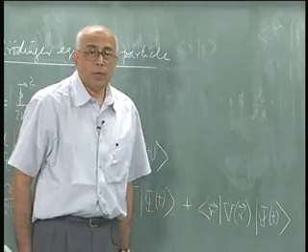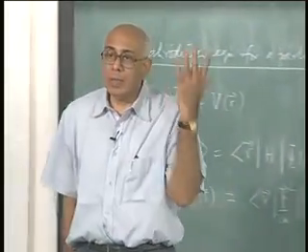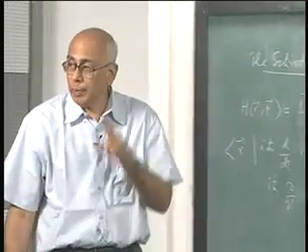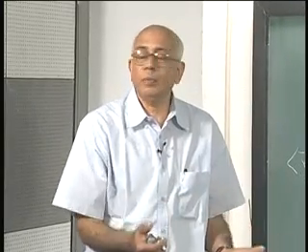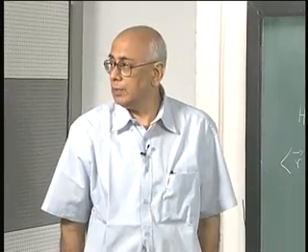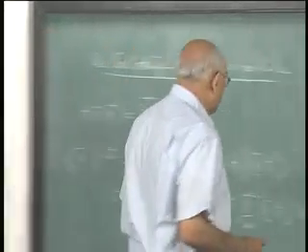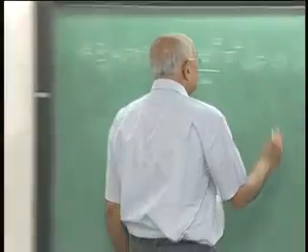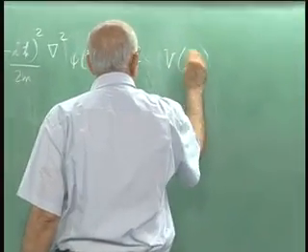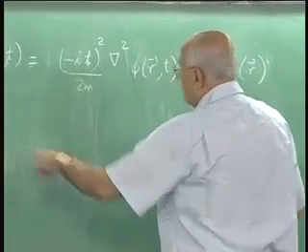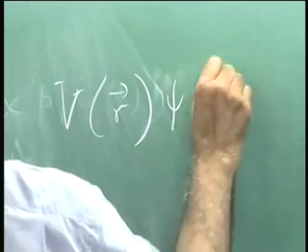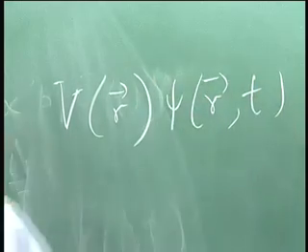Suppose this V(R) is R² plus e to the minus R as an operator, then it acts on this bra vector, it pulls out r² plus e to the minus r as an eigenvalue. Therefore we could write this as V(r), and now this is an ordinary function multiplying ⟨r|ψ⟩, which is ψ(r, t).